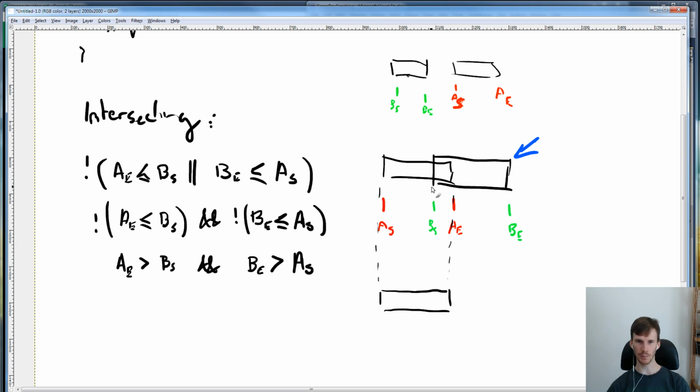So what we have to do, if we're moving B, is increase B start to the point where it's going to end up over here. So what we've done is, we've moved the whole shape like that, and we've increased B start so it's now equal to A end, which makes that condition false, which makes the whole thing false. So does that make sense?